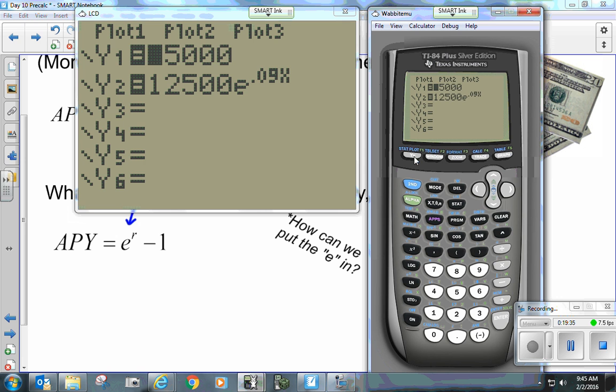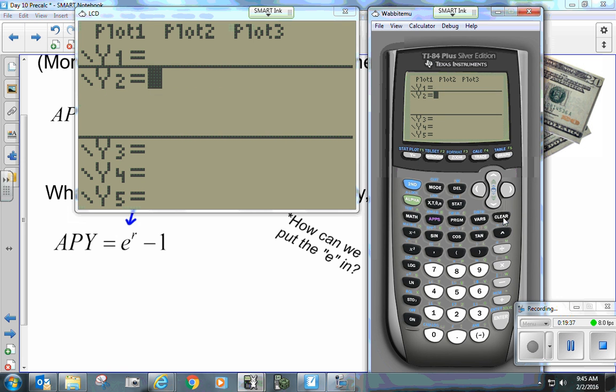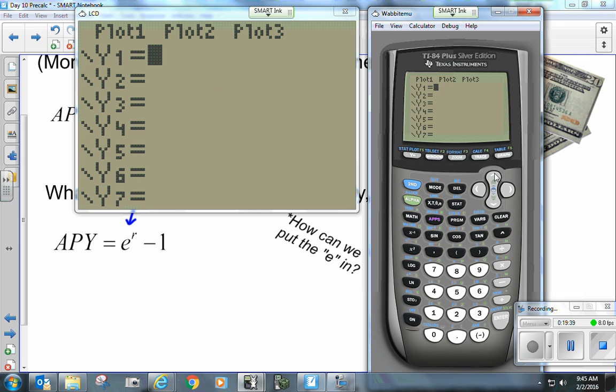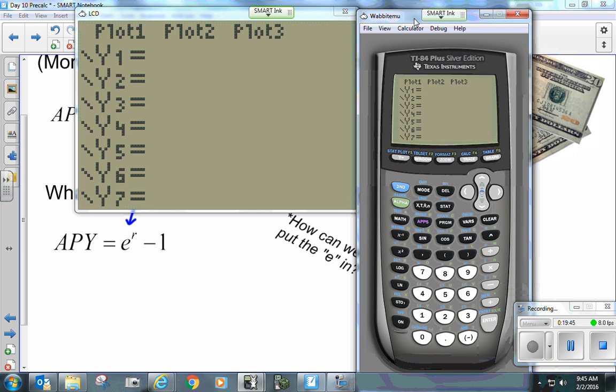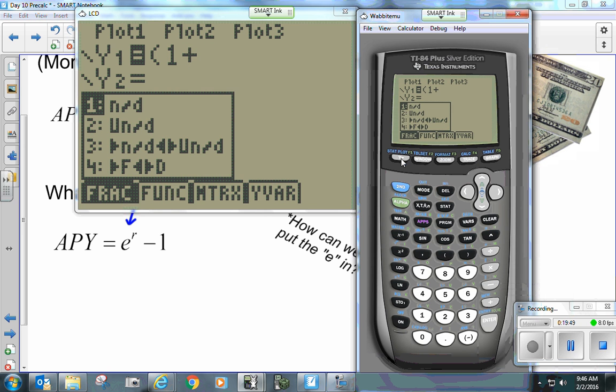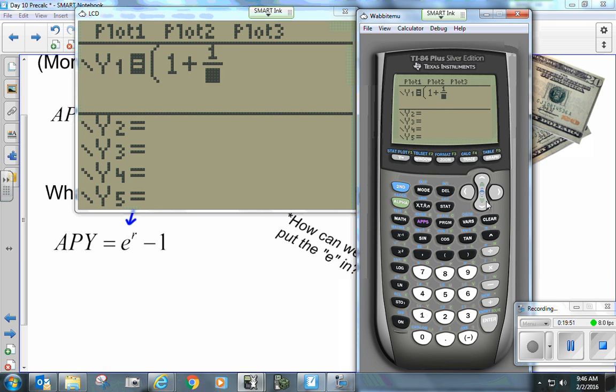Y equals, clear. And what are we putting in there? What was it again? 1 plus 1 over K raised to the K, right? 1 plus 1 over, we don't have a K, we'll put an X there, raised to the X. That sound about right?